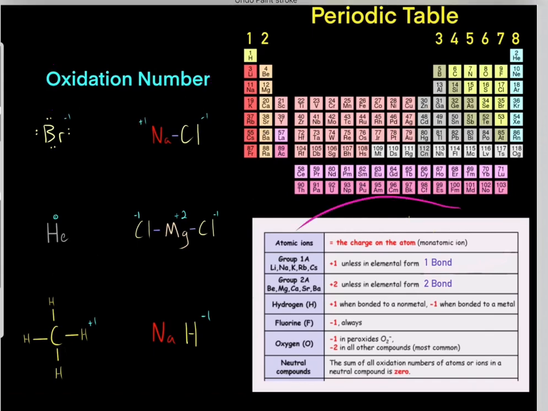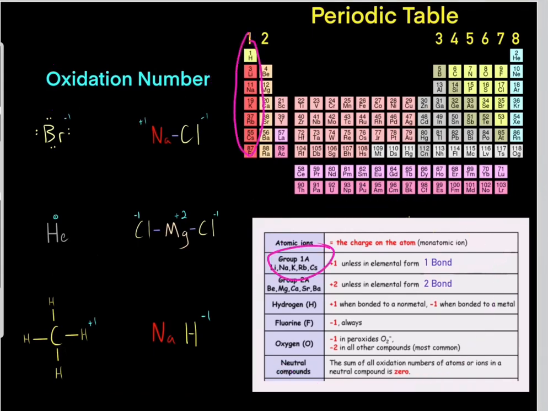So whenever you're determining the oxidation number of an atom, there's a couple rules of thumb. For example, group 1 atoms usually have an oxidation number of positive 1. Why? Well, we know electronegativity increases as you go to the right, so therefore these atoms in group 1 have a very low electronegativity. So they almost always lose battles.